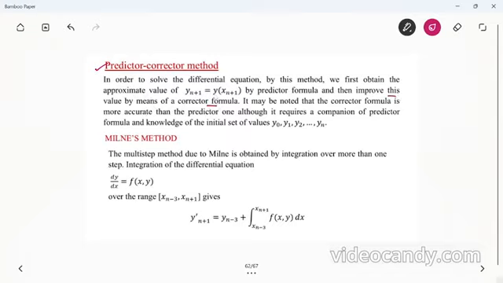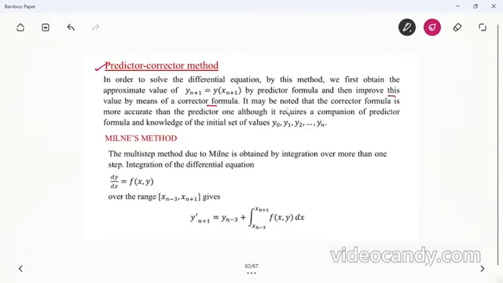That means first we predict the value of the integration by some formula, then we check whether this value is corrected or not. So for this reason there is a corrector formula. For this reason the name of this method is predictor corrector method, and it may be noted that the corrector formula is more accurate than the predictor one, although it requires a companion predictor formula. Otherwise the corrector formula is useless.